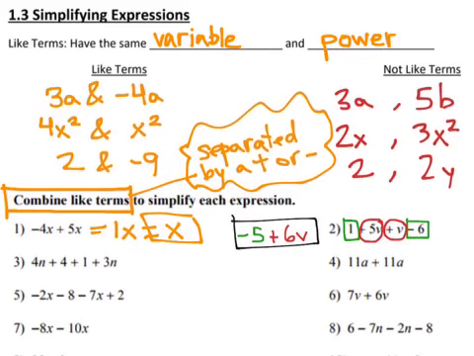All right, let's do a couple more. We have 4n plus 4 plus 1 plus 3n. Let's start with this 4n. Are there any other terms that have the same variable and the same power as that? Well, yes, there's a 3n. So those can be combined. 4n plus 3n is 7n.